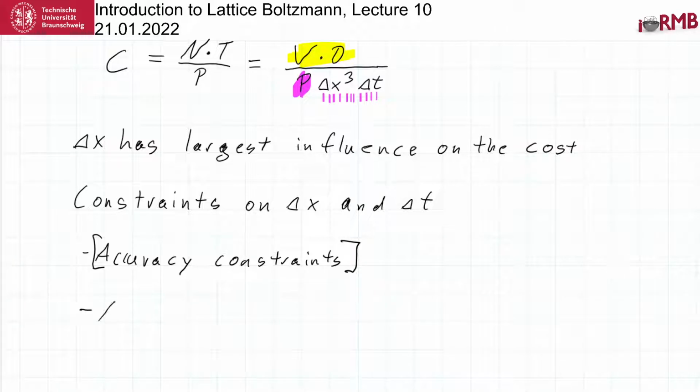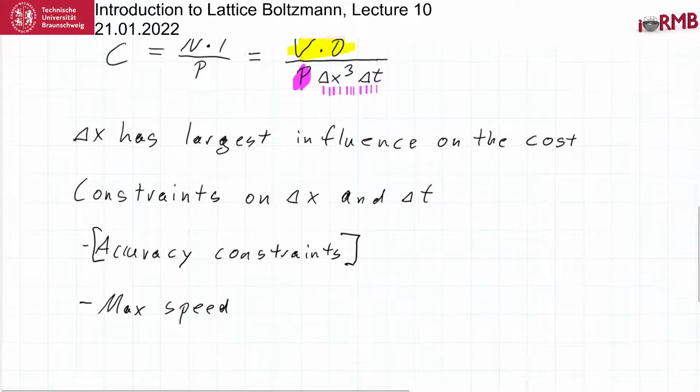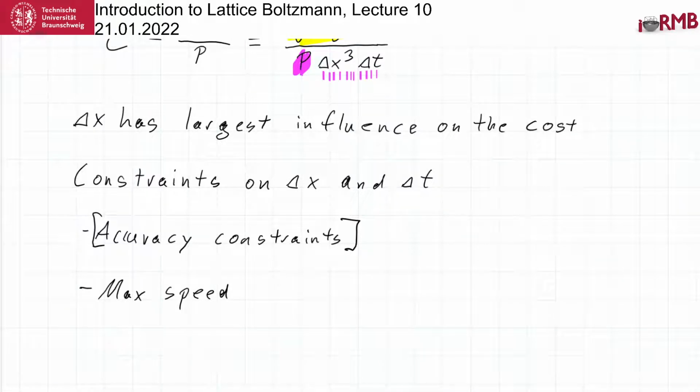So one constraint is of course the maximum speed that comes from the so-called CFL condition.